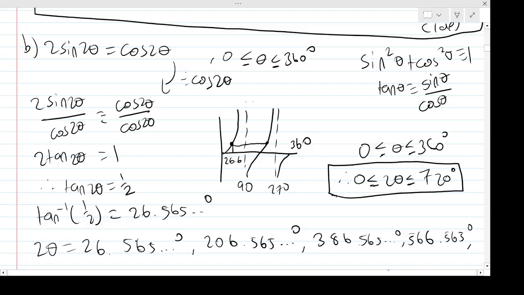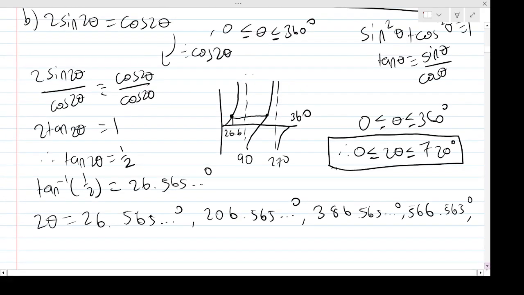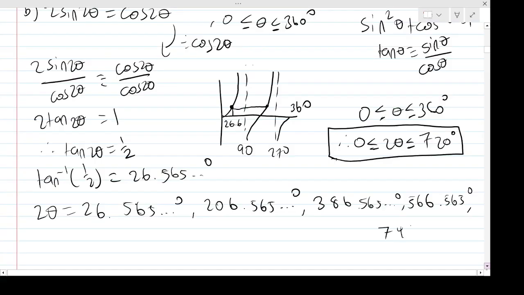Then if I add another 180 on, I get 746.565. Well, hang on, we got an issue here because that's above 720. So we can't have that solution, so that's it. So those are all my values there. Those are all the values below 720, and obviously positive as well, so above 0.